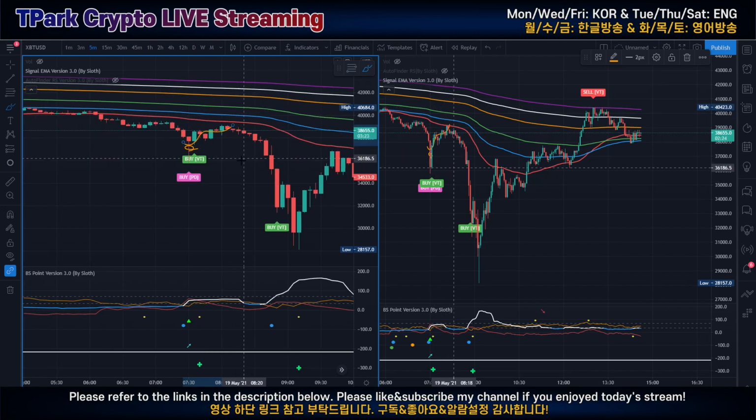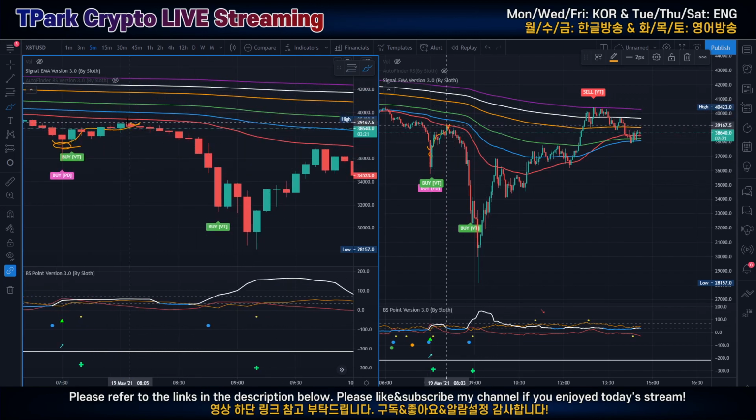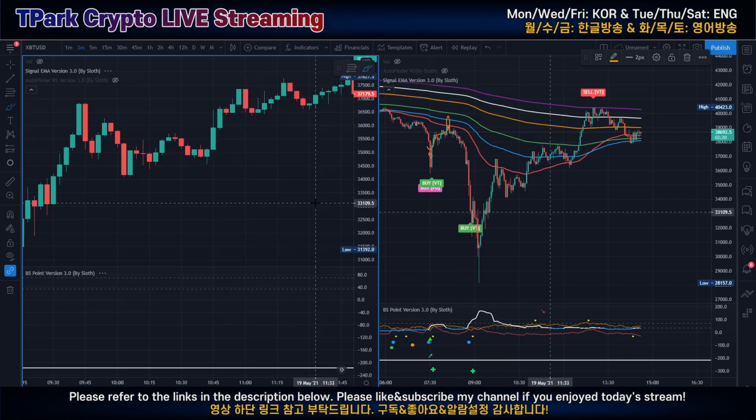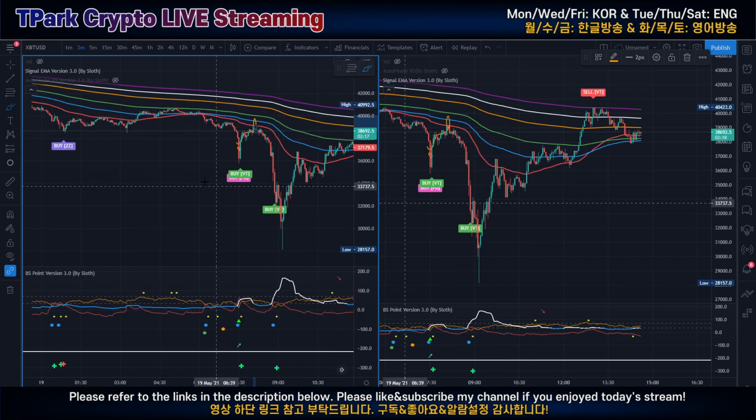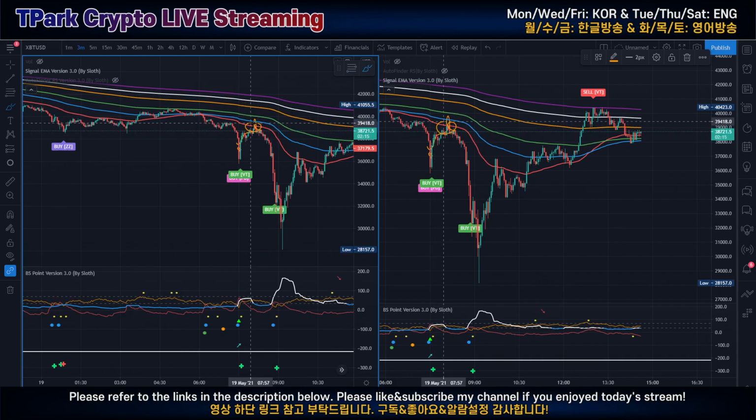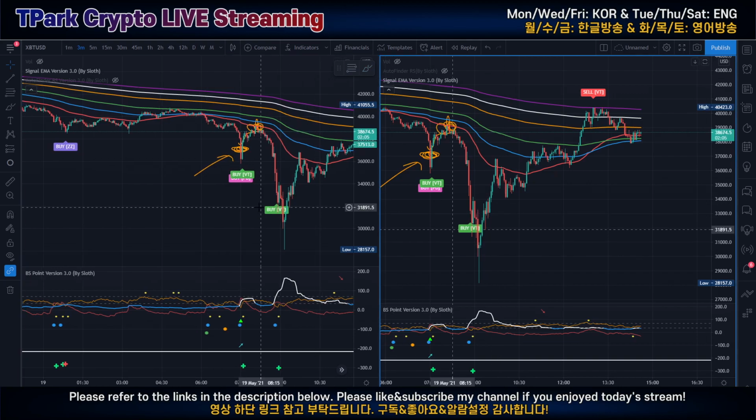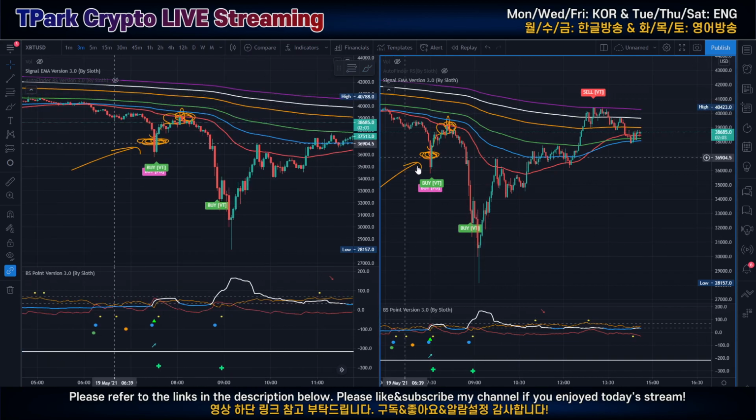Here it didn't touch the line, so I would probably have made profit here, right? Even if you go into a position at a certain time frame, it does not mean you have to stay in that time frame. I recommend you take a look at different time frames and see where the resistance and support zones are.